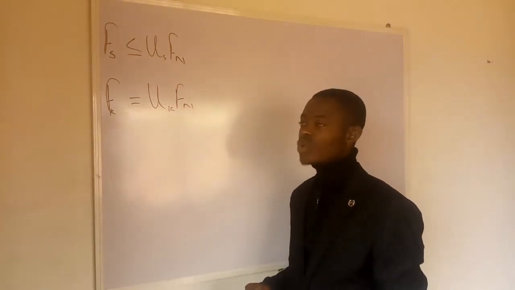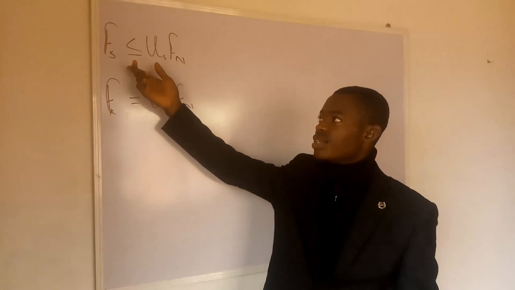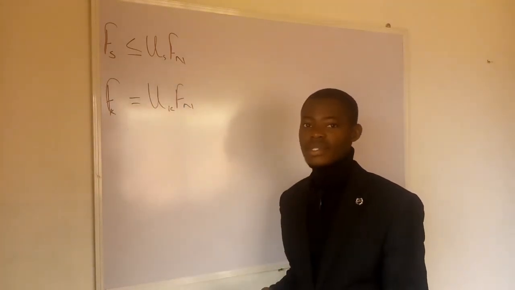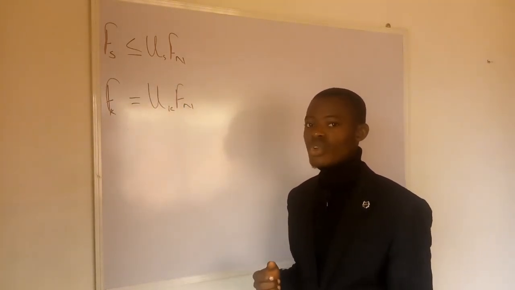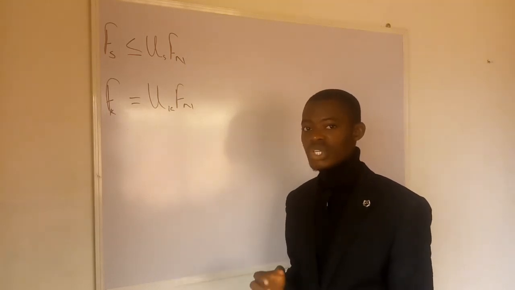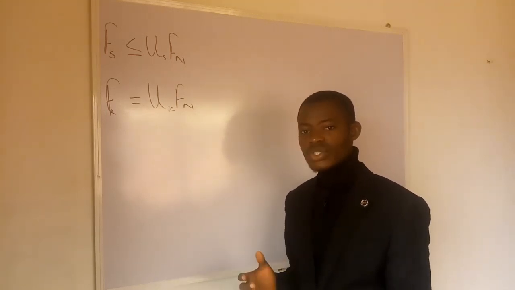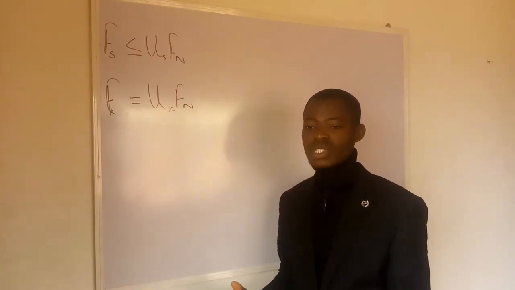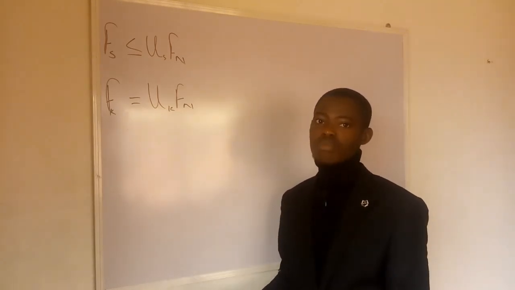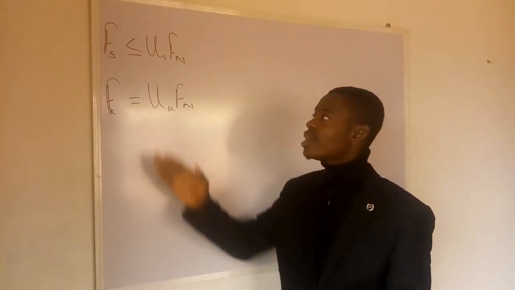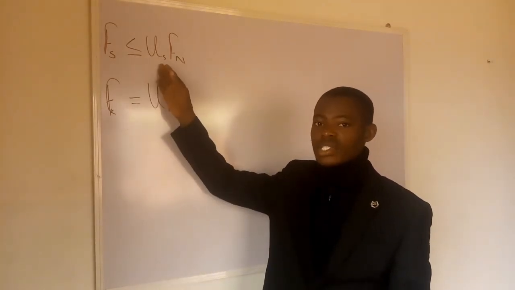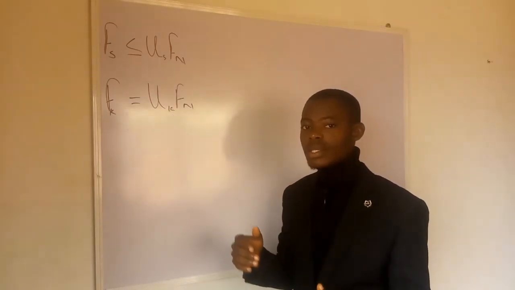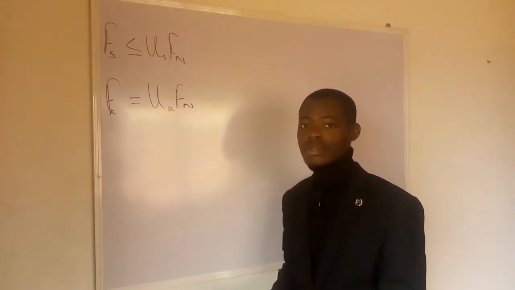Now, before we proceed, the question you might ask is why this one has an inequality sign and this one has an equal sign. Well, the reason is that when an object is stationary, only a certain force can be applied to it. You can't just apply any force to it and expect it to begin to move. So that is why it's always less than this. When it's equal to it, then the object tends to begin to move.